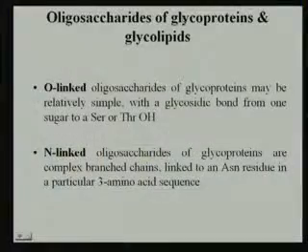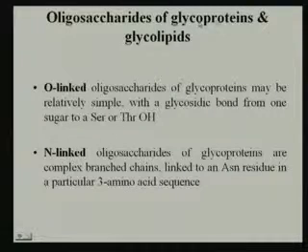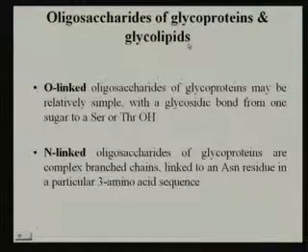When carbohydrate moieties are linked with protein moieties or lipid moieties, they form glycoproteins or glycolipids. It makes the structure a little more complex.